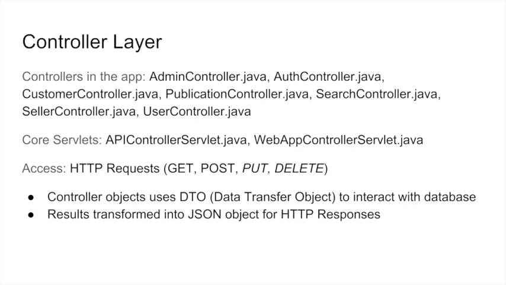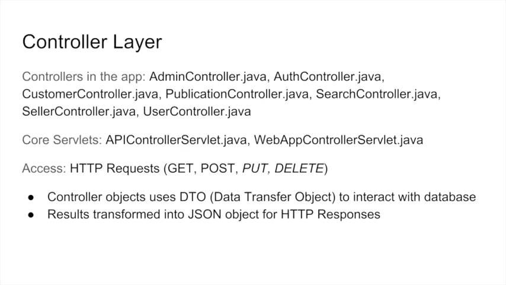So a lot of our data is actually accessed through the API controller servlet, which means it is accessed by normal HTTP requests, which can be either get, post, put, or delete, just like in a normal REST protocol.